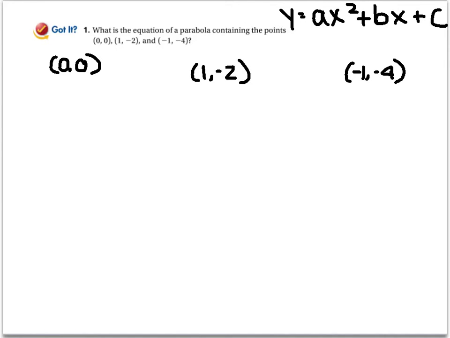So from standard form, we're going to fill in 0, 0 for x and y. Y equals ax squared plus bx plus c.